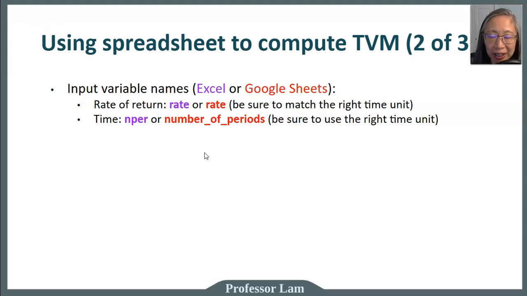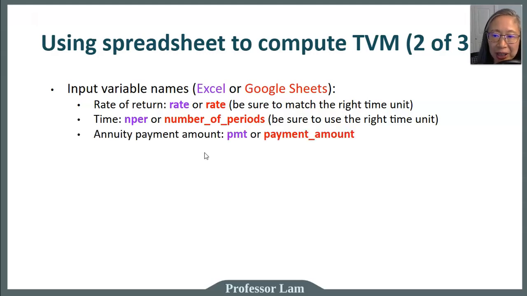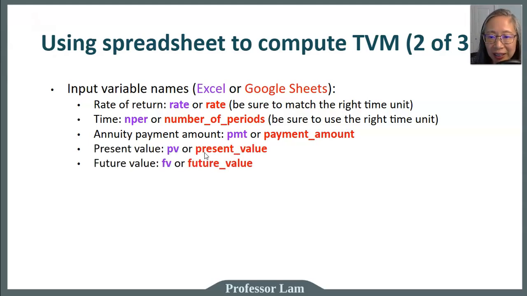But for time unit, Excel calls it NPER, and Google Sheets calls it number_of_periods, with an underscore connecting the words. For annuity payment, it's PMT for Excel and payment_amount for Google. I encourage you to print out this page so that it's easier for you to reference.